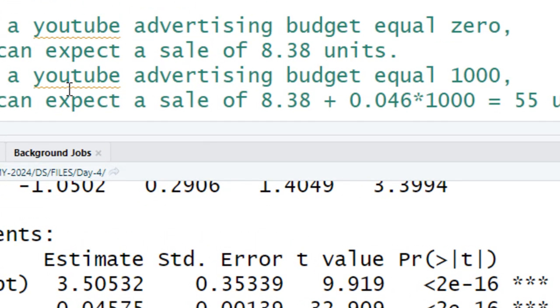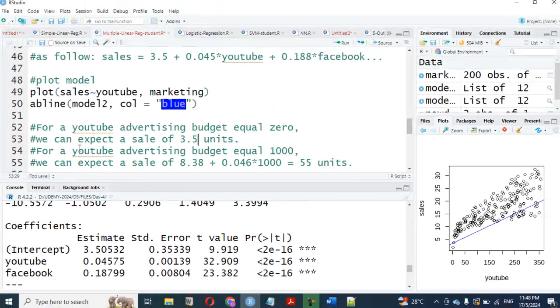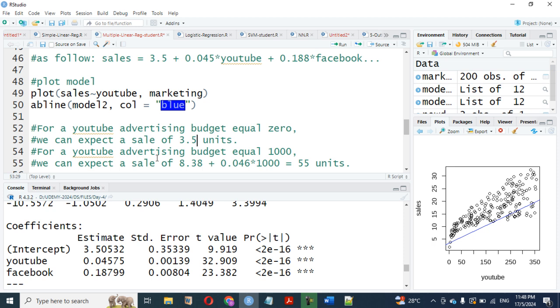So for a YouTube advertisement budget equal to 1,000, we can expect sales of up to 3.5 units. This is not 8.9, this is 3.5. All right, units for YouTube. So at 1,000 for YouTube we can expect 3.5.